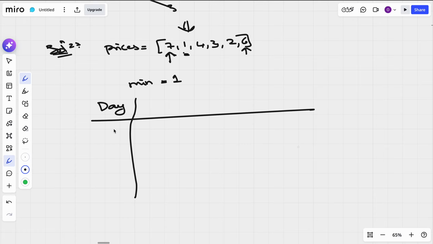It's 1, right? So that's why I will go with 1. Then 4, I will consider this minimum value. What could be the minimum? It's 1. Again 1, then 1, then 1, right?